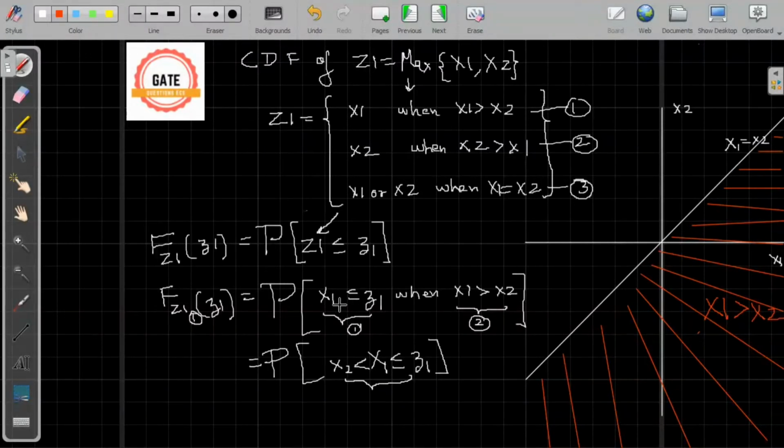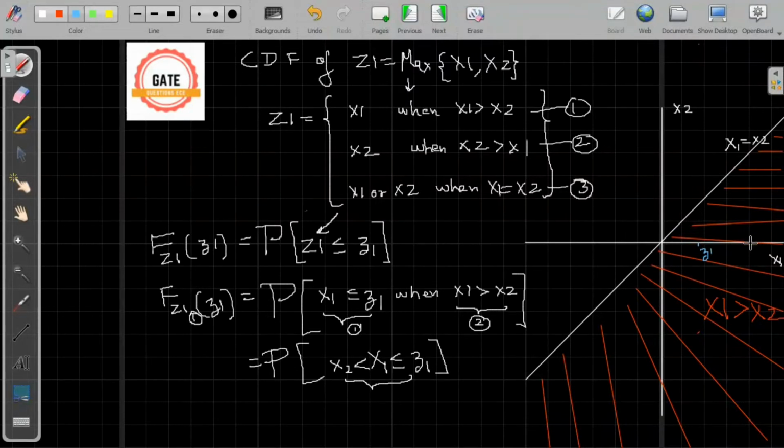Other region is this region. To draw this region, we need a sample value z1. So I'm taking the sample value z1 as this value. When x1 is this value, you can take it anywhere. I'm just taking this value to understand what this region is.